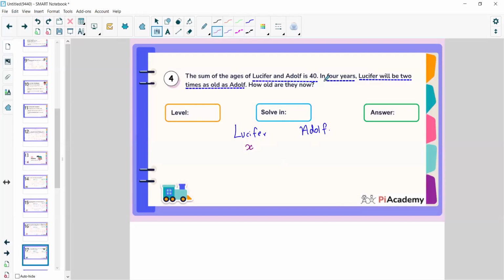Yes, Faris? Adolf would be y. No, let's not take y, and we can avoid this. We can just simply take Adolf as 40 minus x, isn't it? Because they add up to 40, right? So let's take Adolf as 40 minus x.